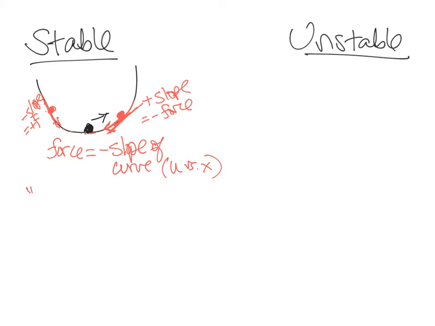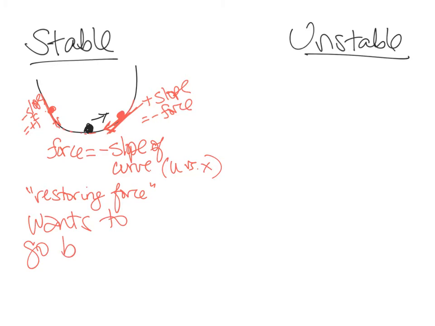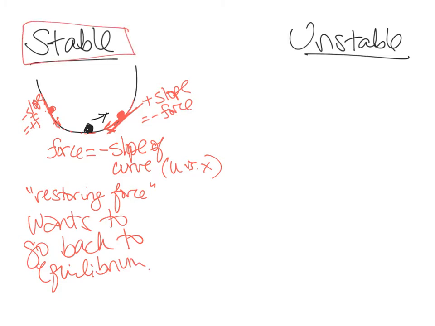So this looks like a restoring force, because it wants to go back to equilibrium. Okay, that is what stable equilibrium is. It's a situation where if you give a little bit of a perturbation away from equilibrium, it will come back. Okay, that's what stable is.